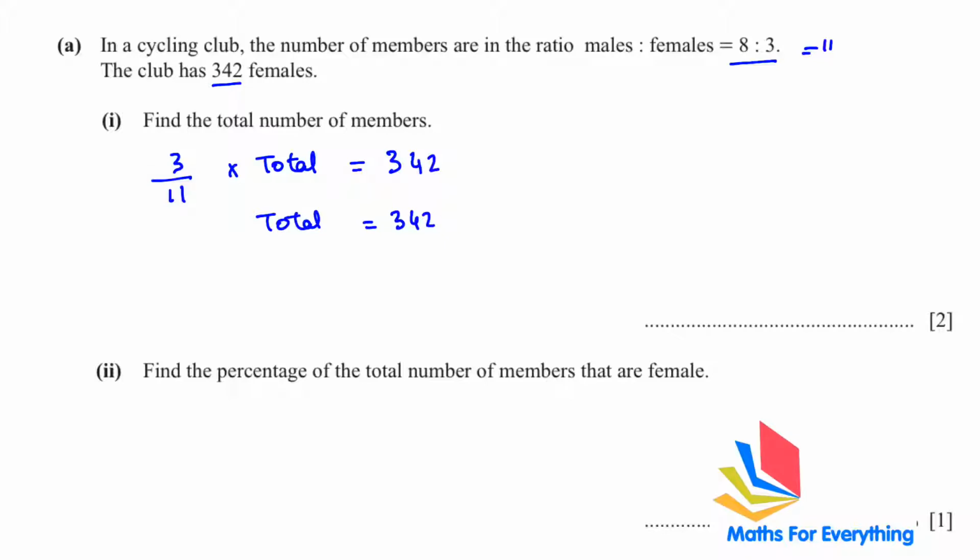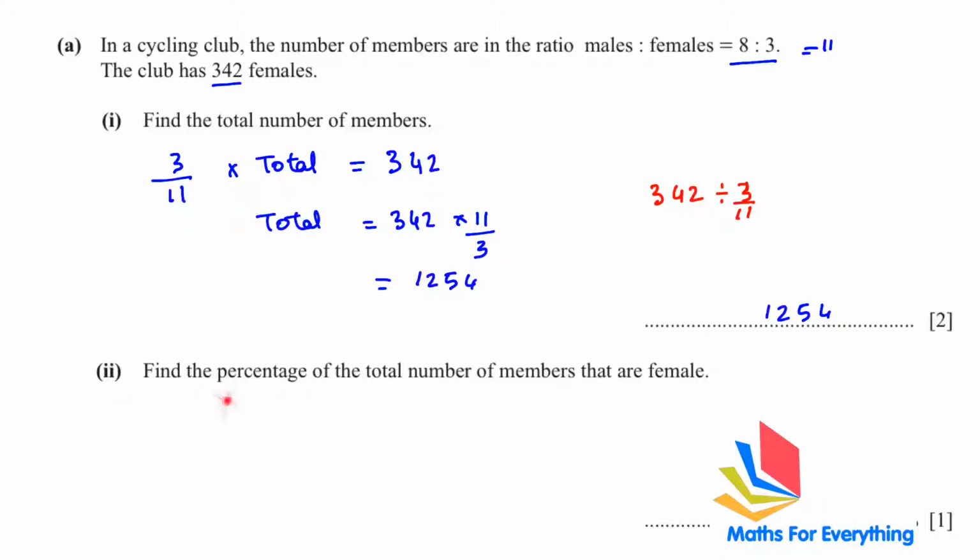When you bring it here, it will be a multiply. And the numerator will be the divide. So this will give us the answer 1254. Or you could have written 342 divided by 3/11. That will give you the same answer.